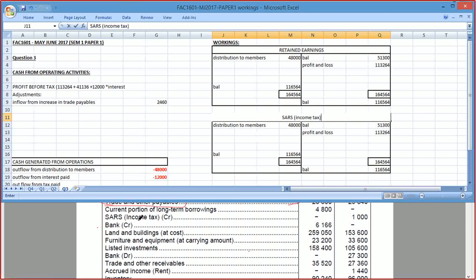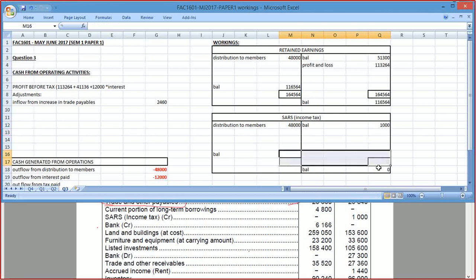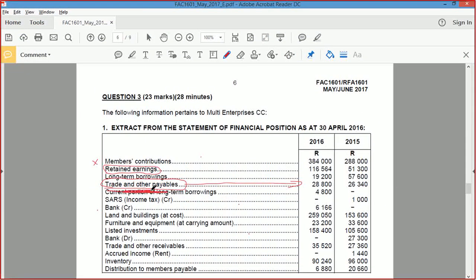Okay, SARS income tax, we've got a credit here. So it started with 1,000. What did it end with? We need to check. I'm looking at SARS now. Do I see SARS anywhere else?